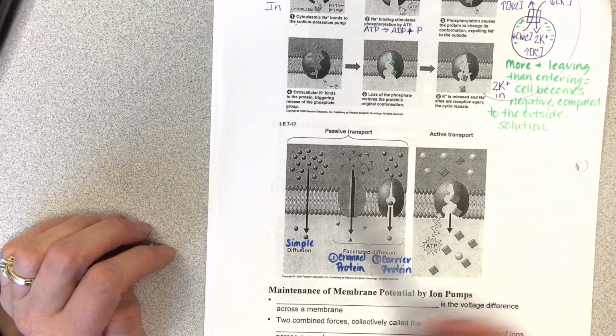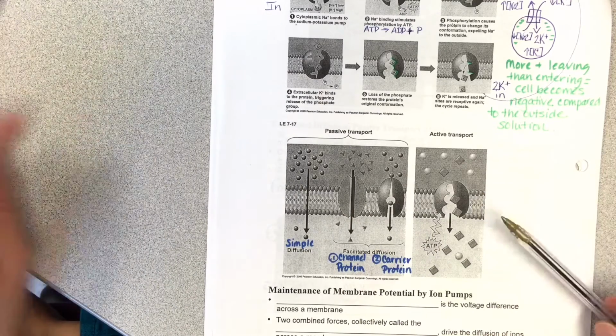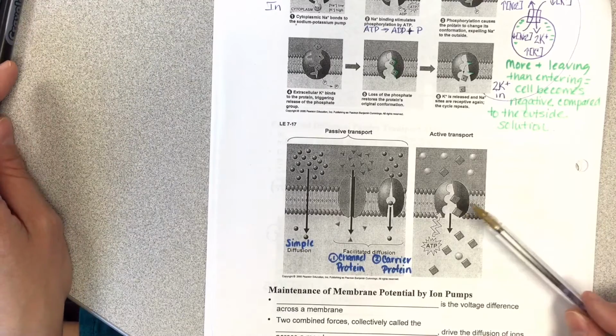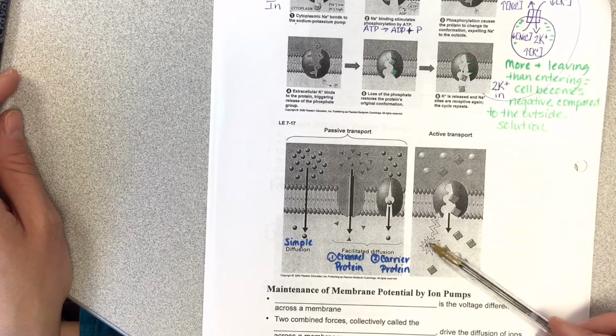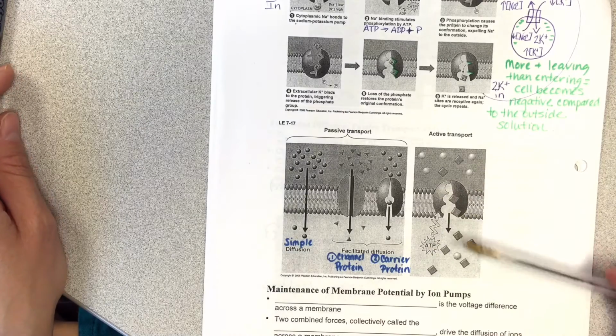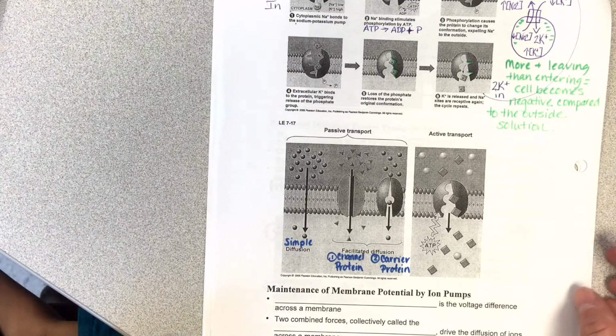Doesn't require energy at all. Active transport, the molecules are going from low to high concentration. It involves a specific protein, and ATP is involved. And so this picture here of the sodium-potassium pump. All right, so that's your active transport.